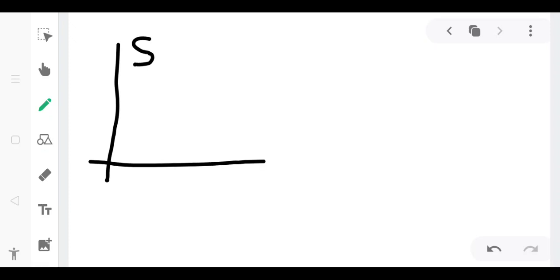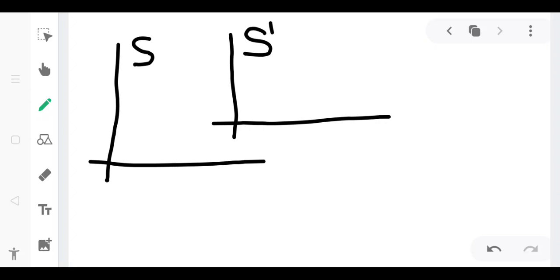Today, let us discuss a particular case in which there is an inertial frame of reference, let us suppose it is S, and there is one more frame of reference, let it be S dash, which is non-inertial. So this is the inertial frame.